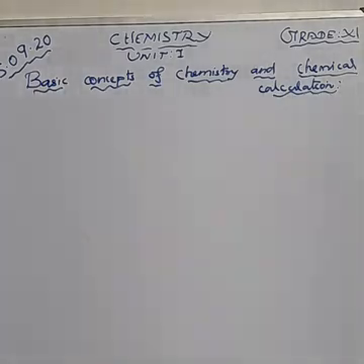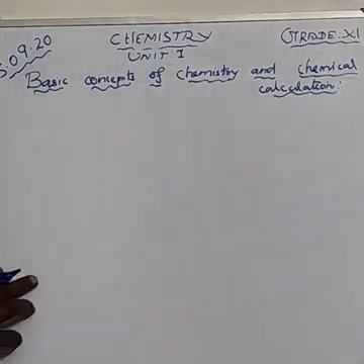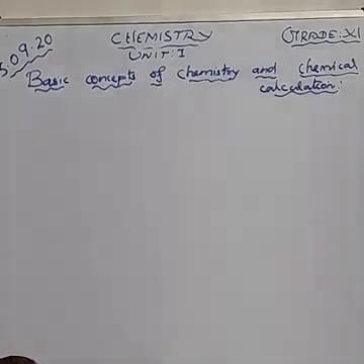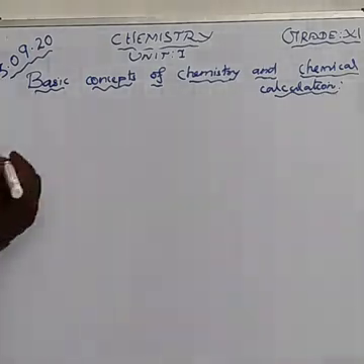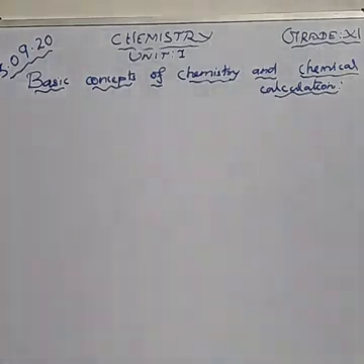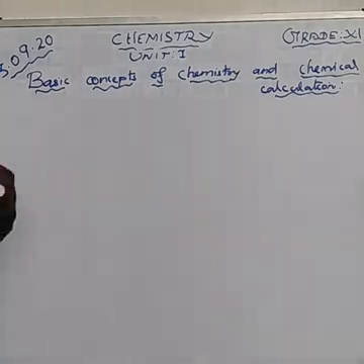Now the page number 15, please. The first question: how many moles of hydrogen are required to produce 10 moles of ammonia? For that, the balanced stoichiometric equation is needed, the formation of ammonia. How can we prepare ammonia?